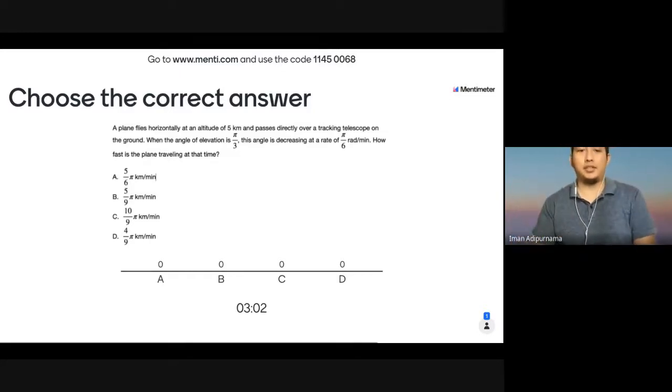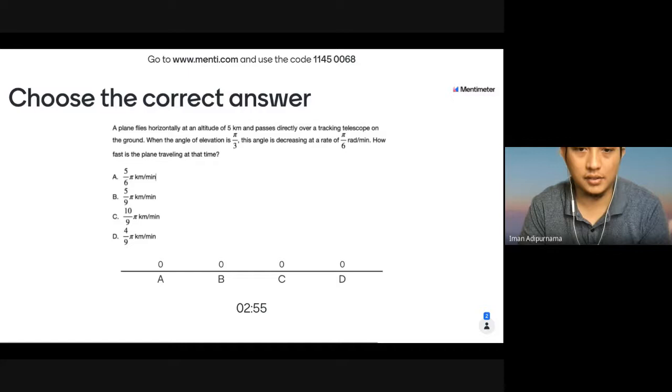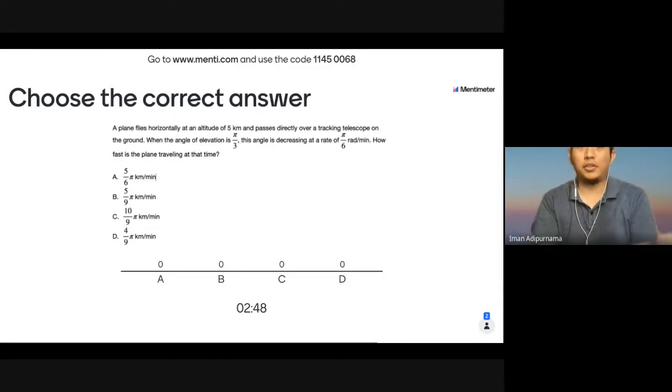Is it too short? I hope enough. It's similar to the question we had in the example.